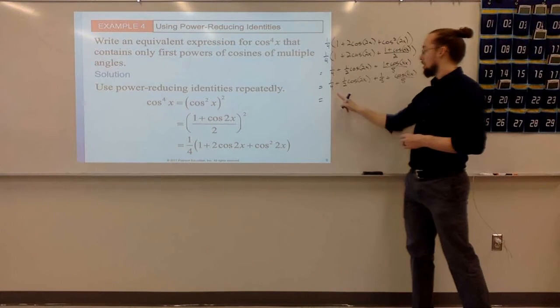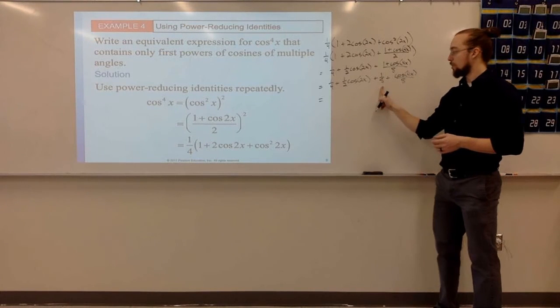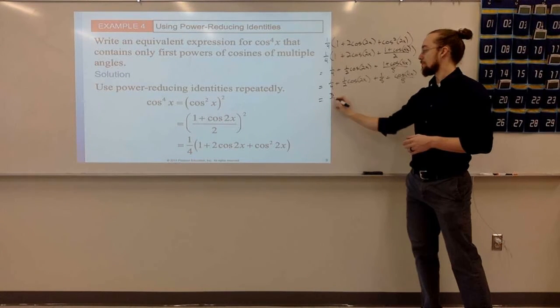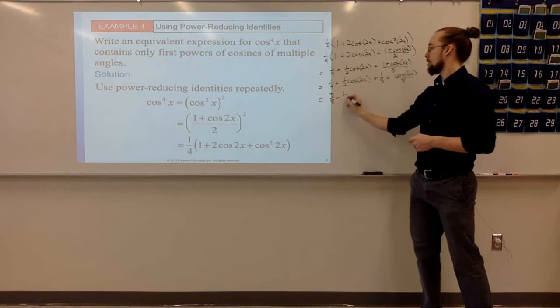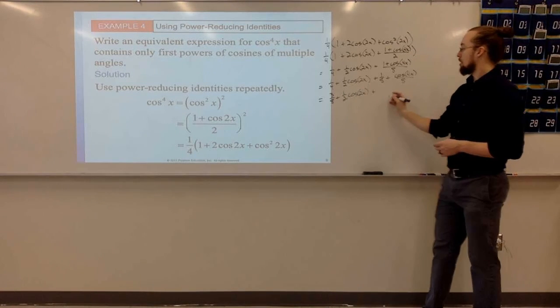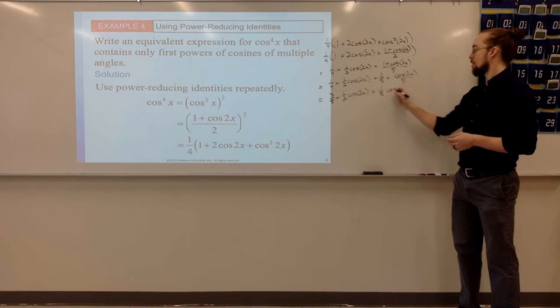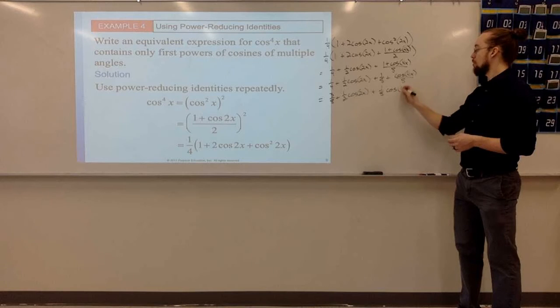So 1/4 plus 1/8, that would be 2/8 plus 1/8, which is 3/8, plus 1/2 times the cosine of 2x plus, and I can make this so it all looks the same: instead of divided by 8, I'll pull a 1/8 out.